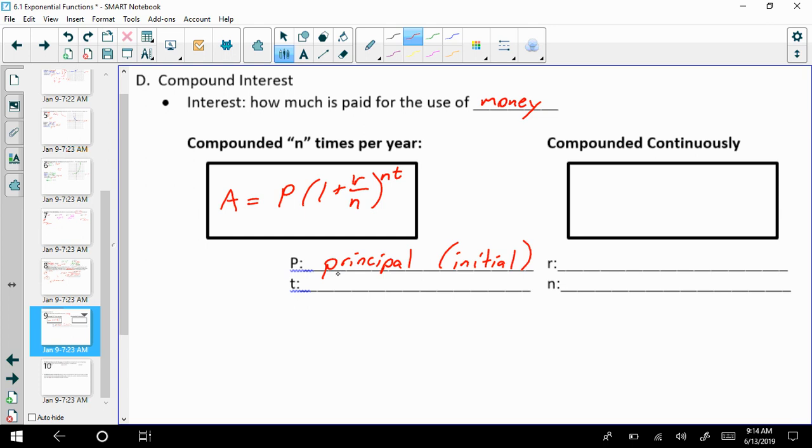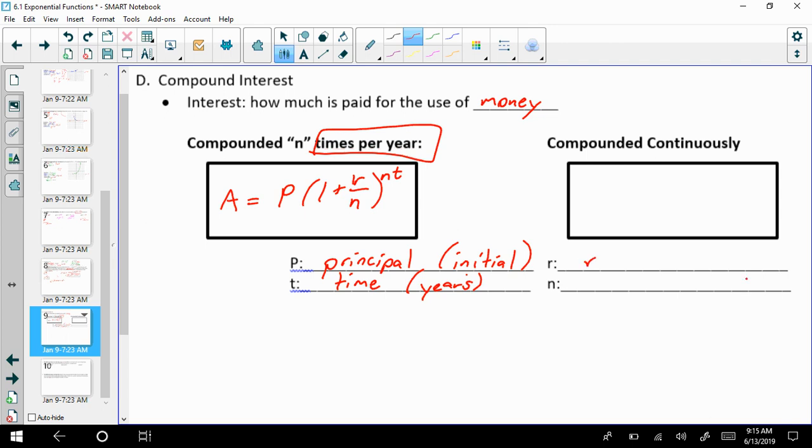T is going to be the time involved. And for this equation to work, it needs to be in years because it is n times per year. So the time has to be in years. So like if I was dealing with 6 months, I would actually refer to it as 0.5 years. I want to do it in terms of years.